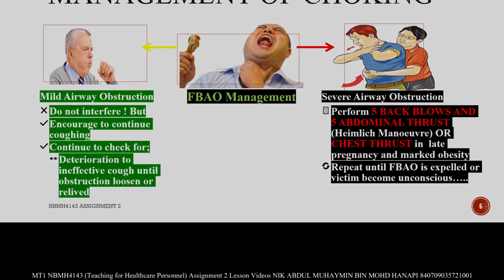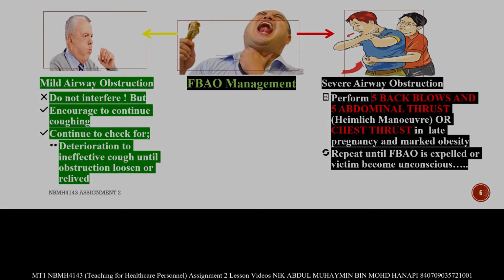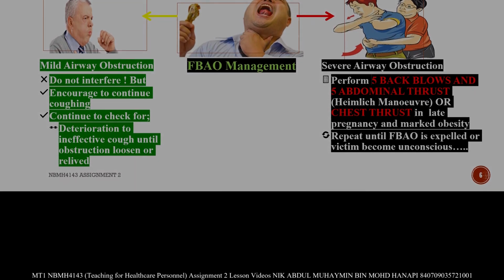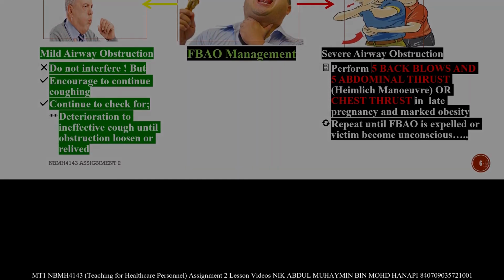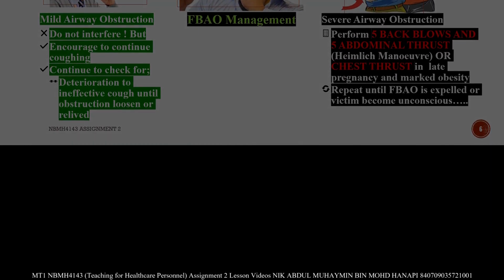Then you as the rescuer may help the victim do a safe self-Heimlich maneuver, or you may perform the abdominal thrust on that victim while the victim lies flat on a solid floor.